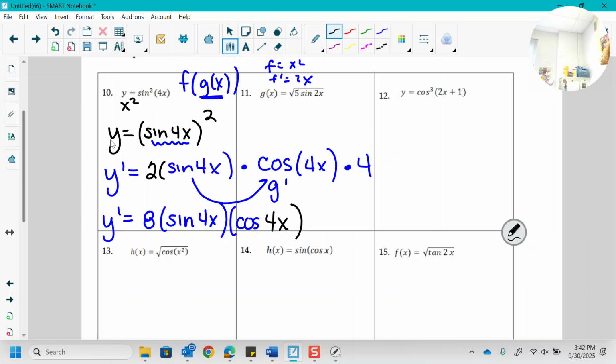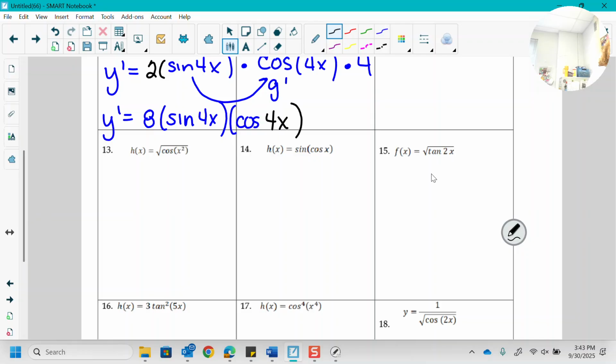And if you want to go back and do number 11 after we do 15, 11 and 13 are very similar. 12 is going to be very similar to 10. Having the root there, like we have on 15 and 11 and 13, having something under the root, I think that's easier to remember to do chain rule.